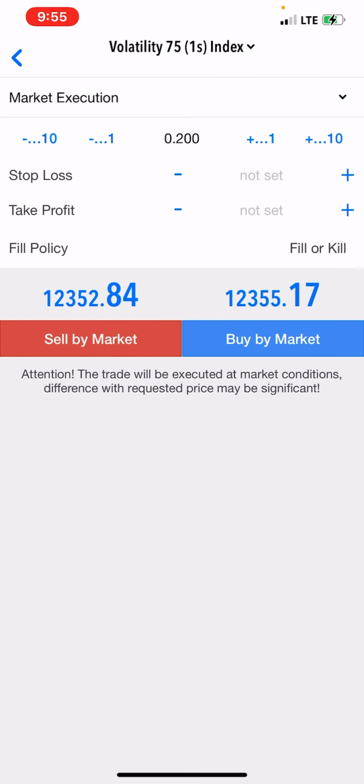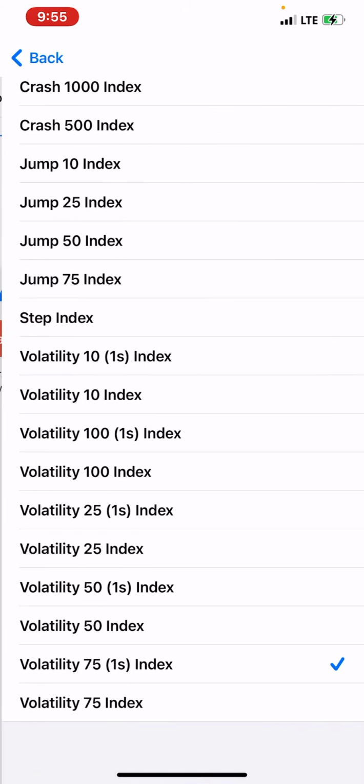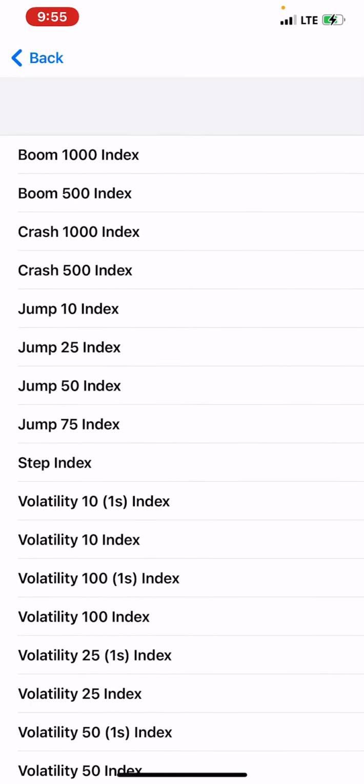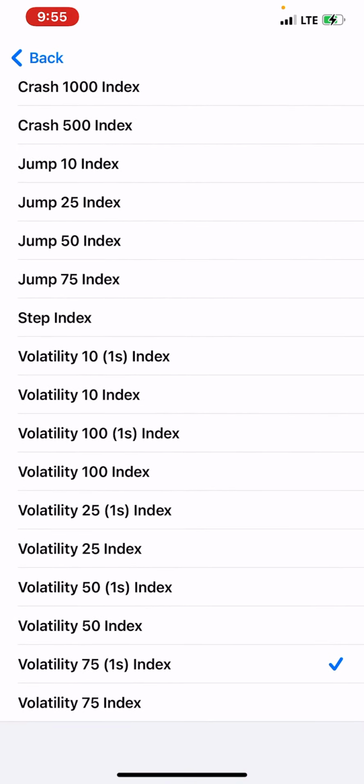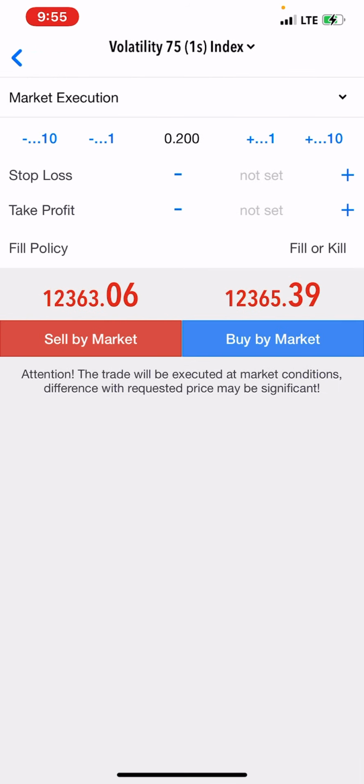You will see something like a dollar button, so you click on it. When you click on it, you can see a lot of pairs. Then you click on the pair that you need, and you go to the lot size.